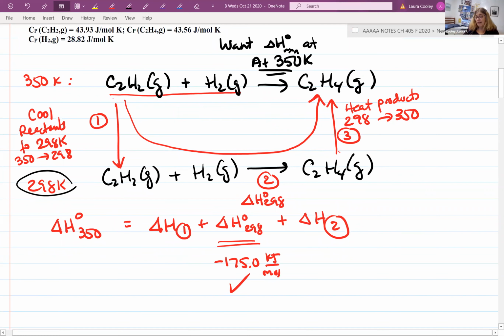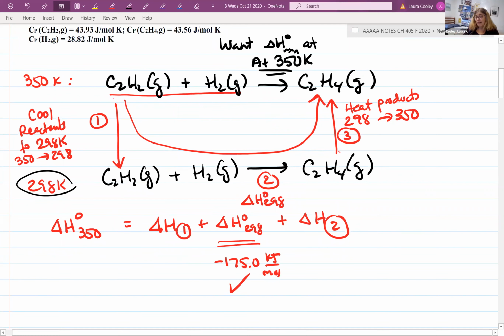So that's negative 3782 joules, or negative 3.78 kilojoules. Okay, so that is the delta H1. Okay, now I have to calculate the other one.